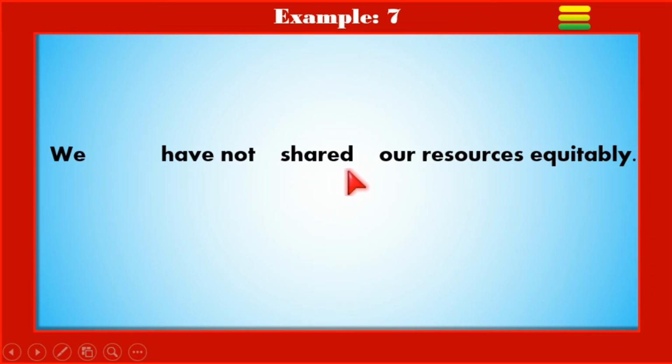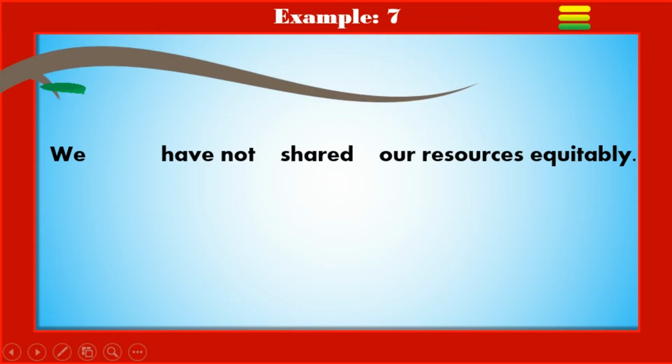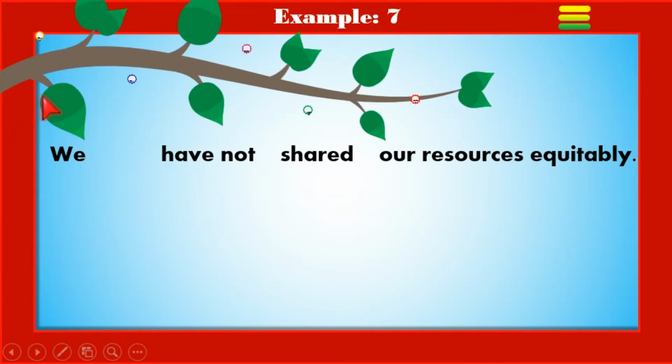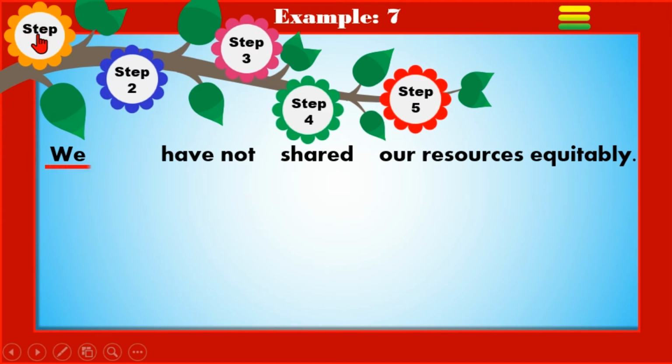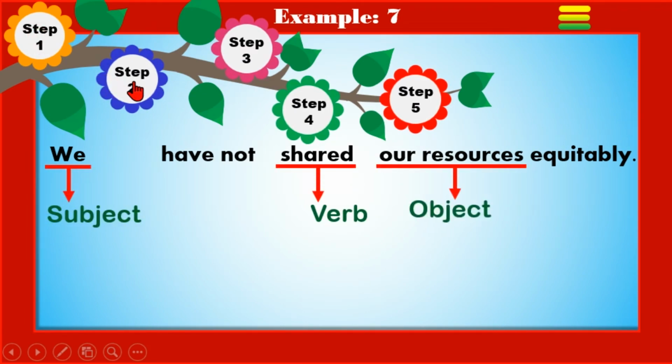We have not shared our resources equitably. Step 1, subject, verb, object. Step 2, subject becomes object. So we becomes us. Then step 3, object becomes subject, our resources.